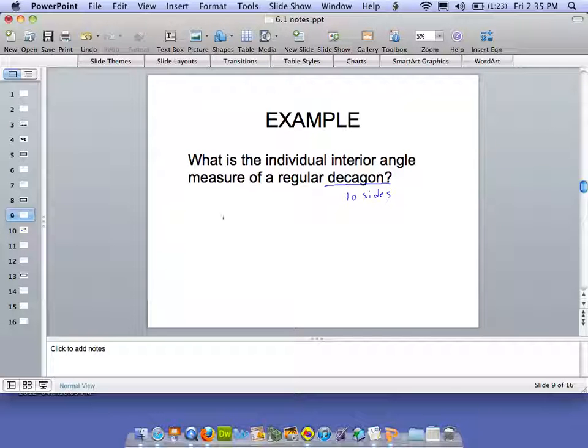So each angle will be found by doing the sum of all the angles divided by the number of angles, or 10 minus 2 times 180 divided by 10. And that's going to give me 144 degrees. Each angle of a regular 10-sided figure will measure 144 degrees.